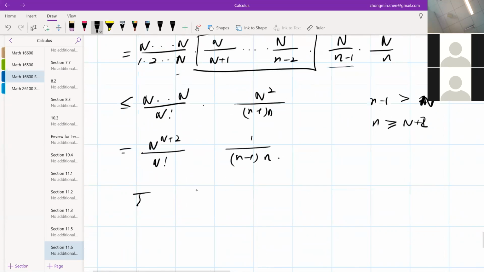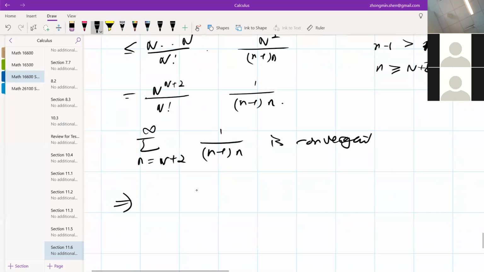So we know that the sum of 1 over n minus 1 times n is convergent. That is obvious because it involves n squared. So therefore, you get that the sum of a to the power n over n factorial is convergent.